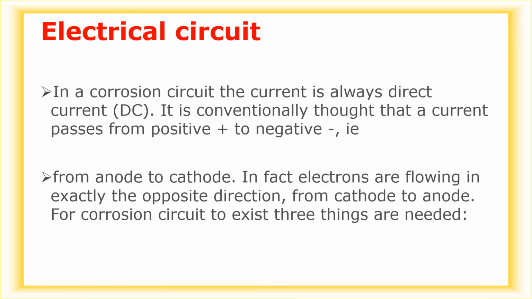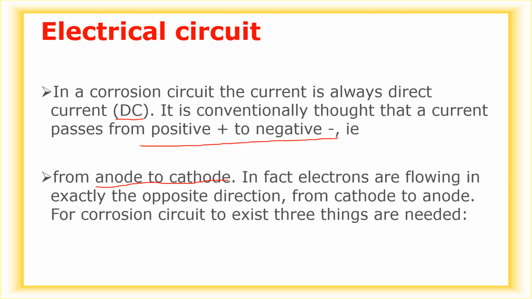Electrical circuit. In a corrosive circuit, the current is always a direct current, that is DC. It is conventionally thought that the current passes from positive to negative, from anode to cathode.